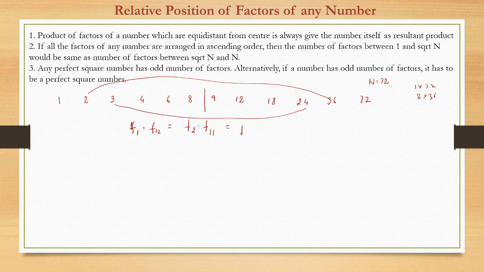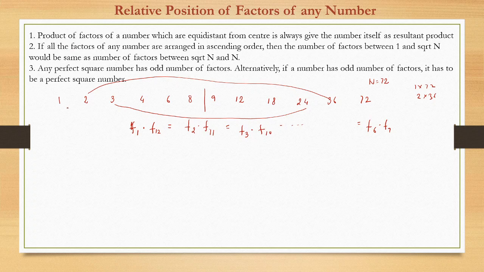So this will be given by factor number 3 into factor number 10. So on, it will be factor number 6 into factor number 7. So do we not see symmetrical factors on either side of the center multiply to give a product which is same as the number itself, which is 72? So this is the relative position.